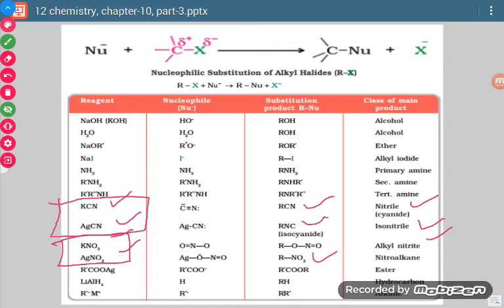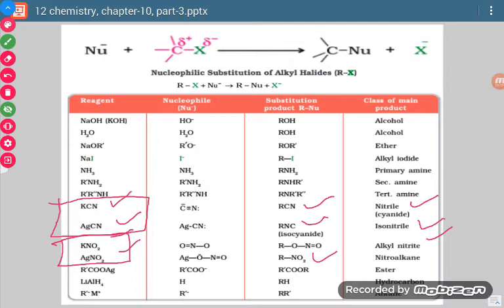So C combines with the alkyl group of the alkyl halide and there is formation of cyanide. In the case of silver cyanide, what happens? When we see the covalent structure of silver cyanide, we find that more electron density is at N. So N joins with the alkyl group and there is formation of isocyanide. A similar reason is given for KNO2 and AgNO2.